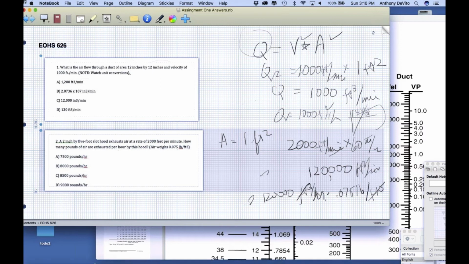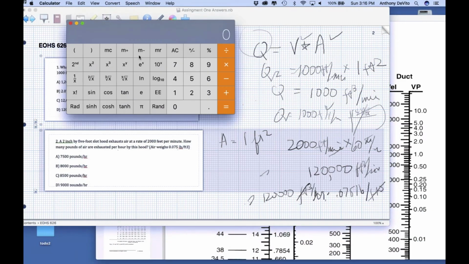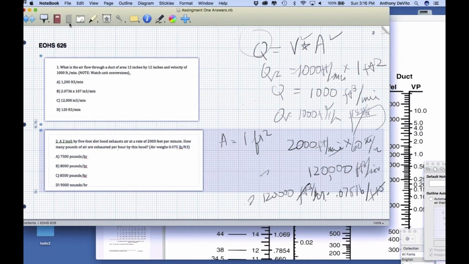Okay, so let's get our calculator out. Times 0.075, and we wind up with 9,000 pounds. So we're talking about a considerable mass of air.